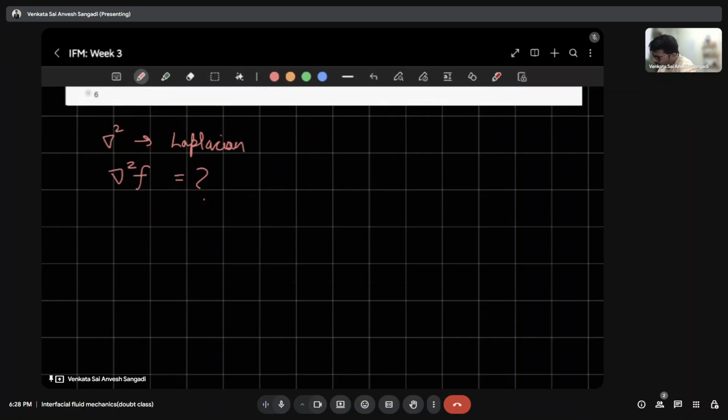So we know that the Laplacian operator is del square, del by del x square plus del by del y square plus del by del z square.